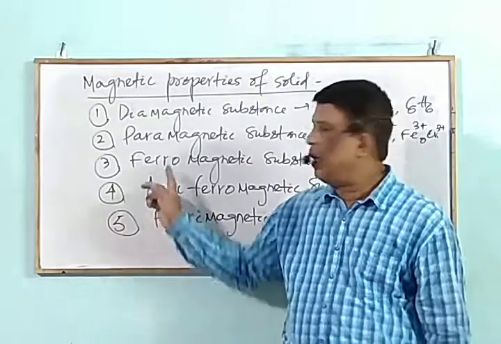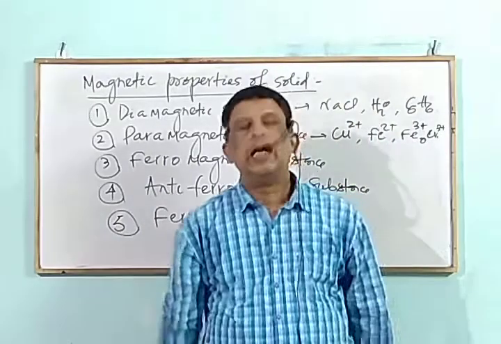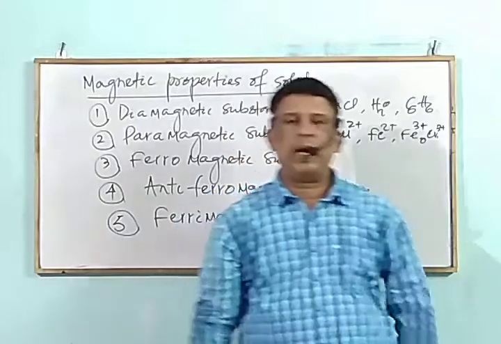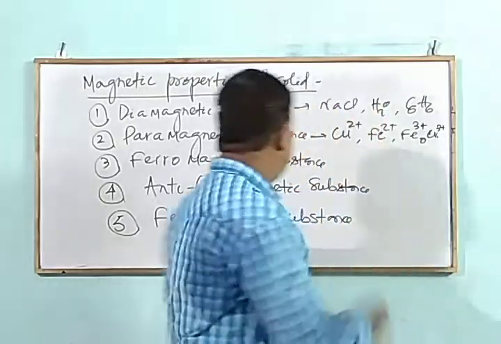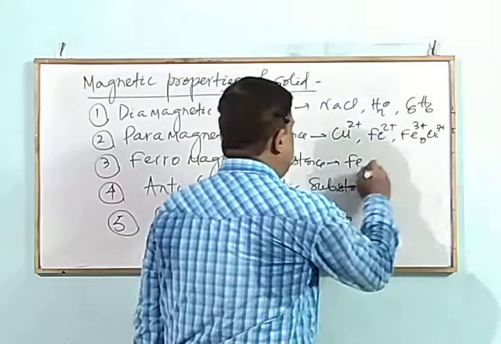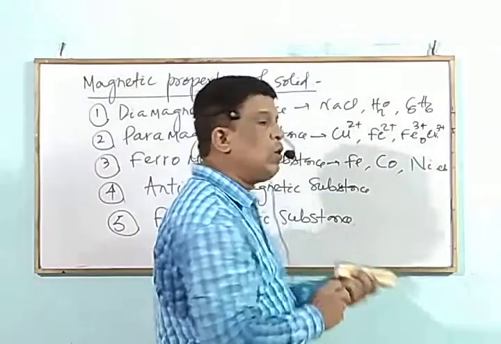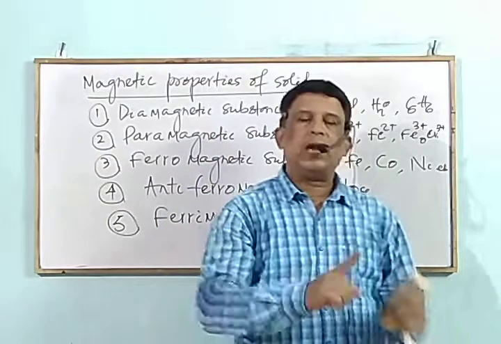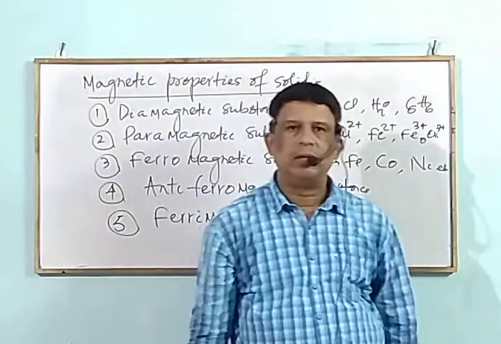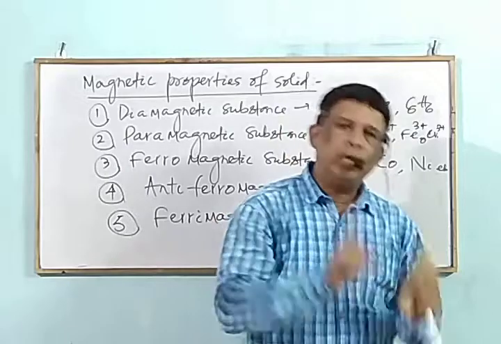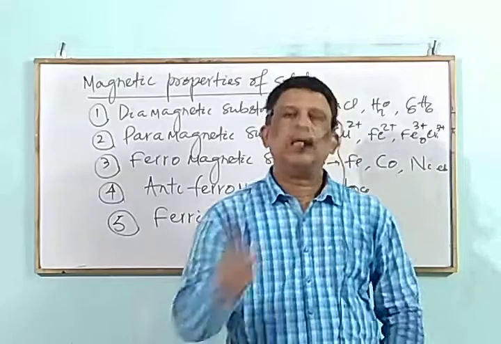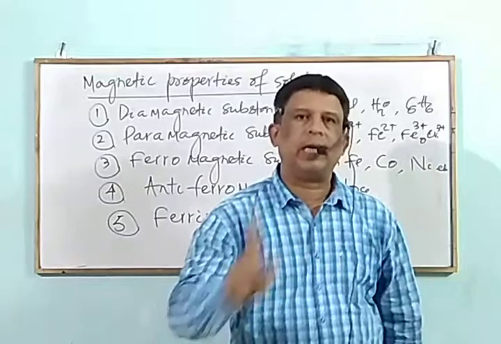Next to ferromagnetic substance. They are strongly attracted towards a magnet. For example, iron, cobalt, nickel, etc. They are strongly attracted towards a magnet. They are permanently magnetized. No doubt, if the magnetic field is also removed, they do not lose their magnetic character.